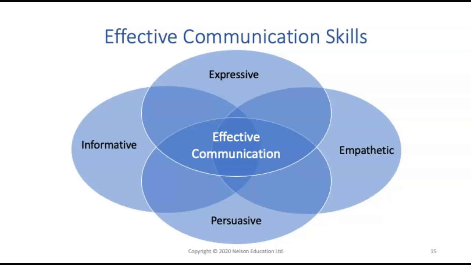You must be persuasive, kind of assertive, and informative. Like you must have good information, right? It can't be something that's all fluff. So effective managers have all of these things. They're expressive, they're empathetic, they're persuasive, and they're informative.